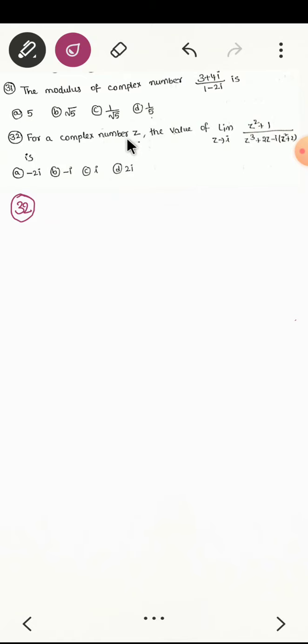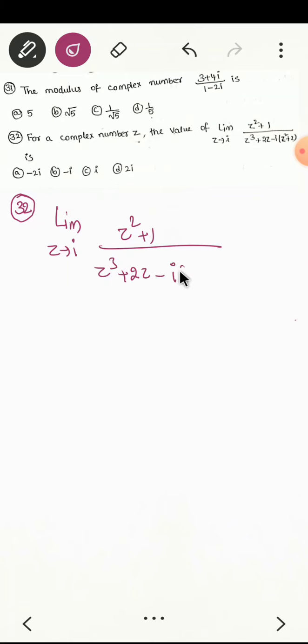For a complex number z, they are asking the limit as z tends to i of (z square plus 1) by (z cube plus 2z minus i into (z square plus 2)). That means substitute z tends to i in this function. i square plus 1 by i cube. i cube can be written as minus i.